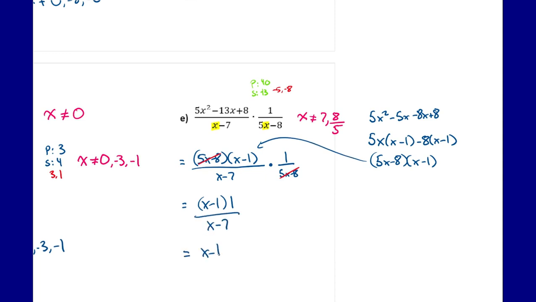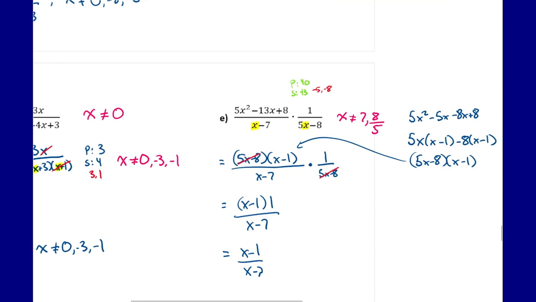Or just x minus 1 divided by x minus 7. Again, I don't need to restate any restrictions or look for any new restrictions because I haven't changed anything to the bottom. I've simplified it now, and I can now state my restrictions, which is 7 and 8/5. My simplified form is x minus 1 divided by x minus 7.